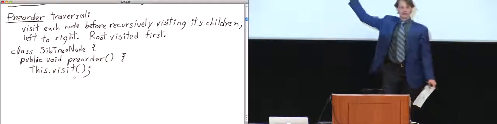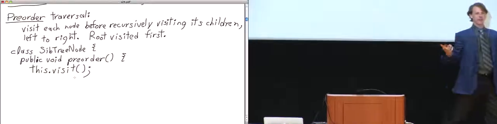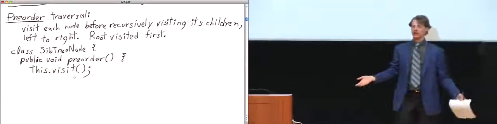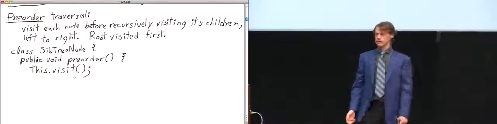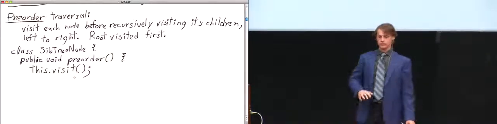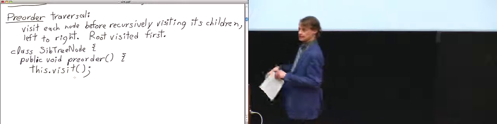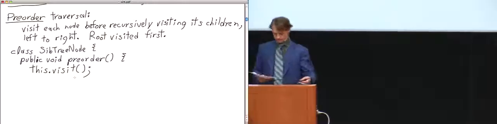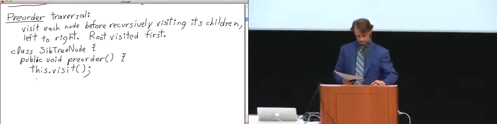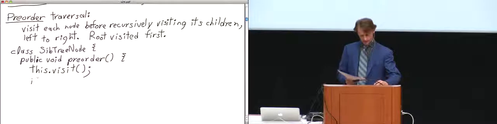So this method, visit, is just a generic method that does some sort of calculation. And what kind of calculation it does, again, depends on the application. We'll see different applications will do different things in this visit. After visiting this node, we visit our first child, if we have one.